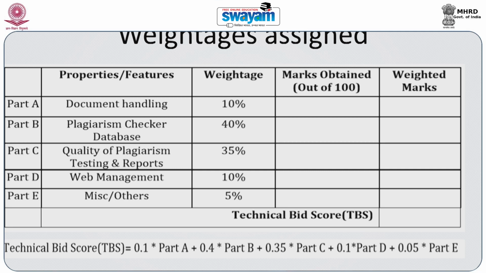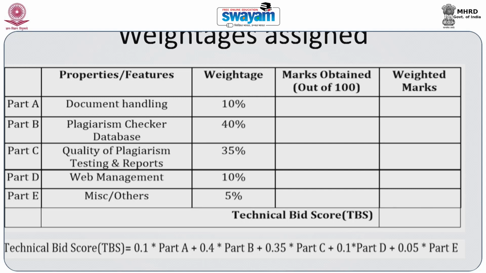Let us see the major selection process. I am taking a dummy screen here. What could be the selection process? Let us see document handling. You can put 20 or 10 marks weightage, whatever marks you want, you can give it here.